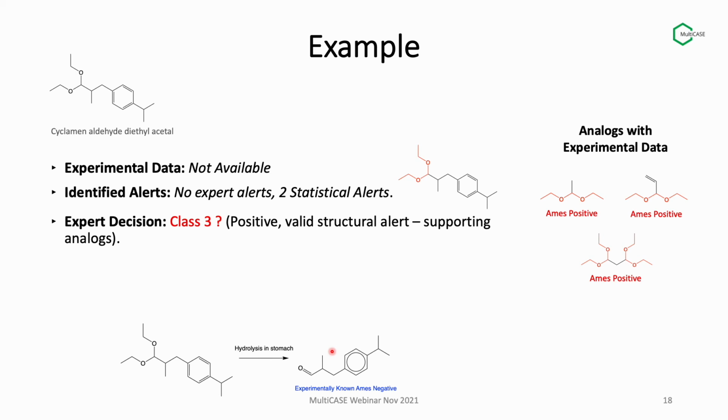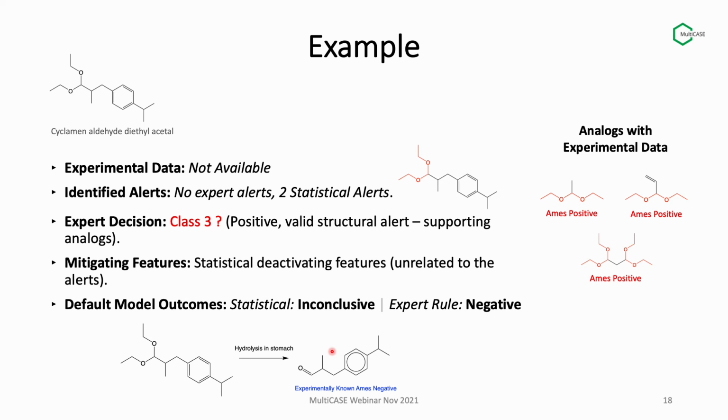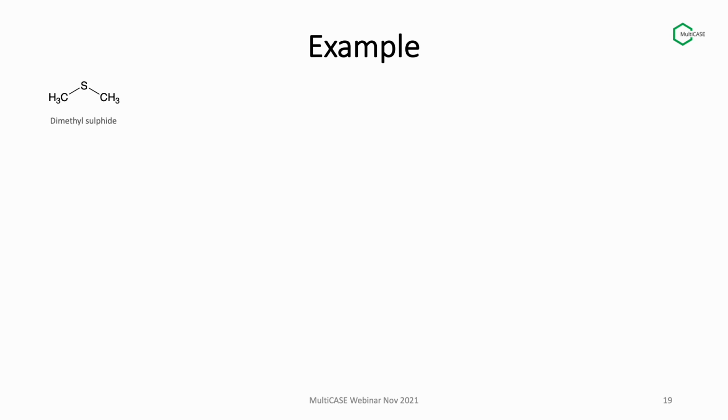So sometimes we have to take into account the metabolism data also. There are some mitigating features obtained, but they are not relevant. And the default model outcomes were inconclusive from the statistical system and negative from the expert rule-based system. But on a first cycle, we got a class 3 judgment.